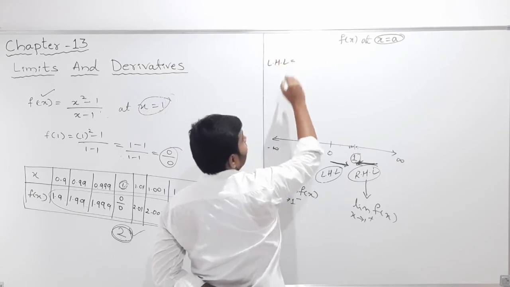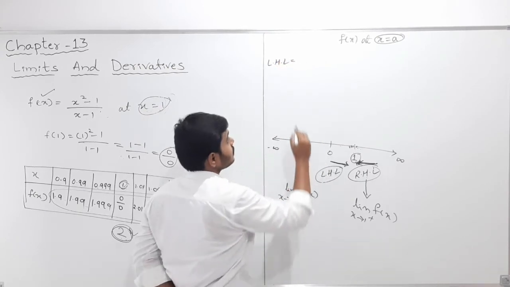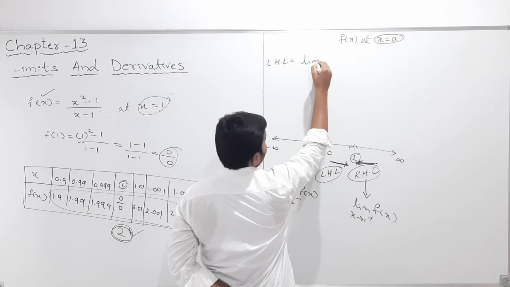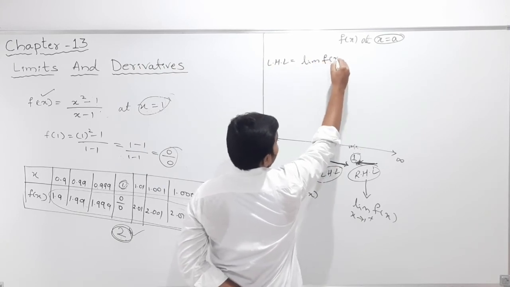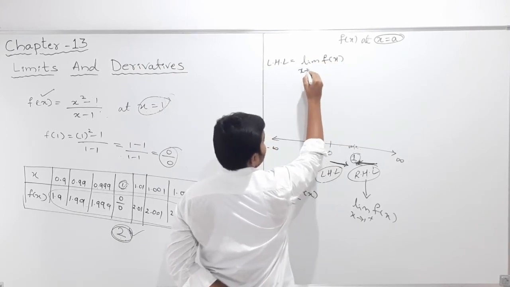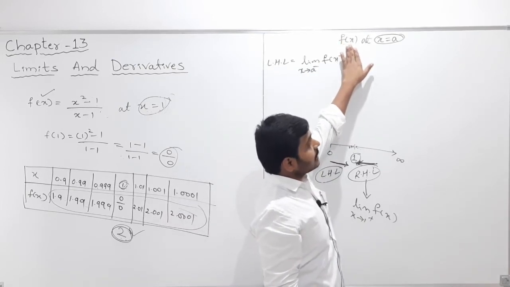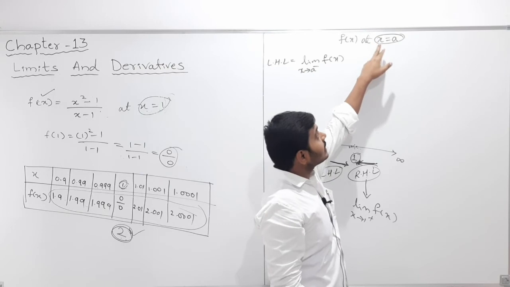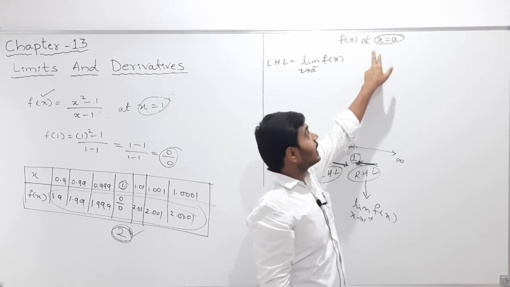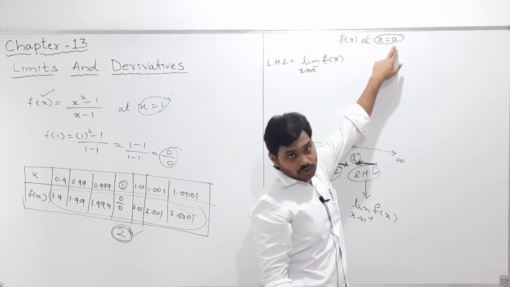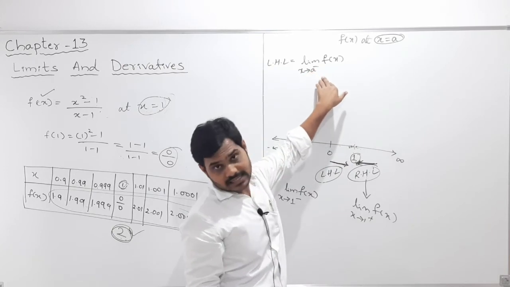LHL means left hand limit. It is the value of limit of f of x as x tends to a minus, meaning we are checking the values of f of x as x gets very close to a from the left hand side.